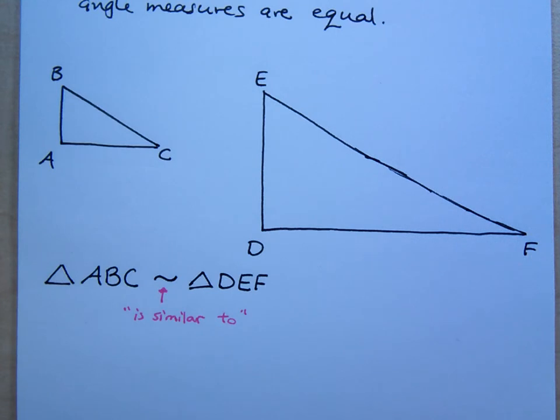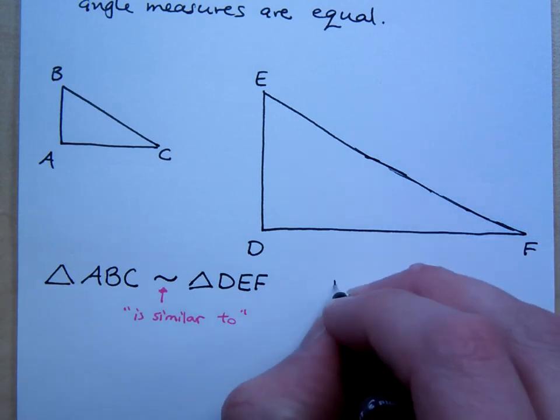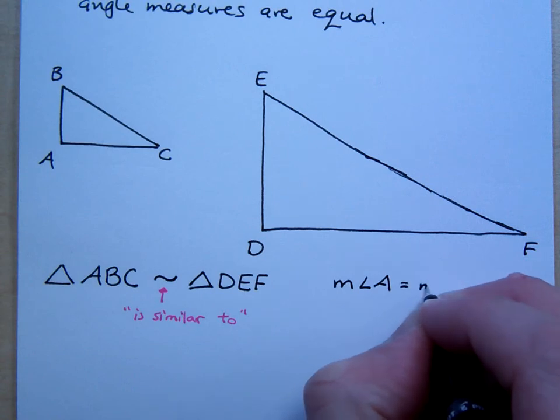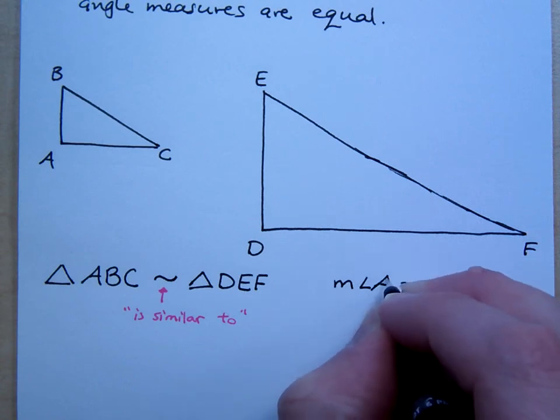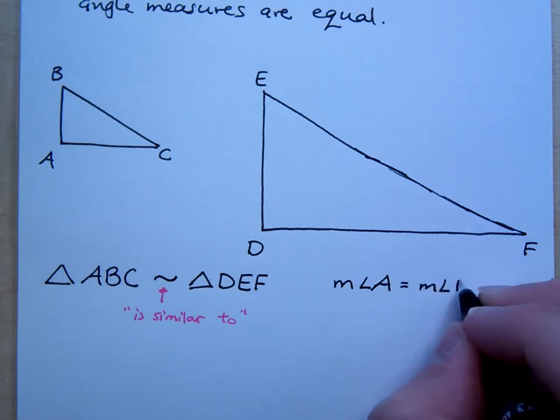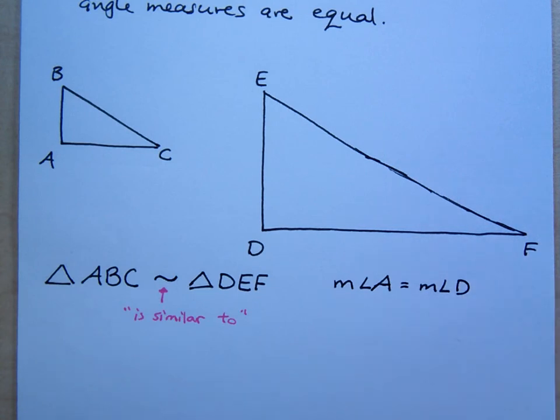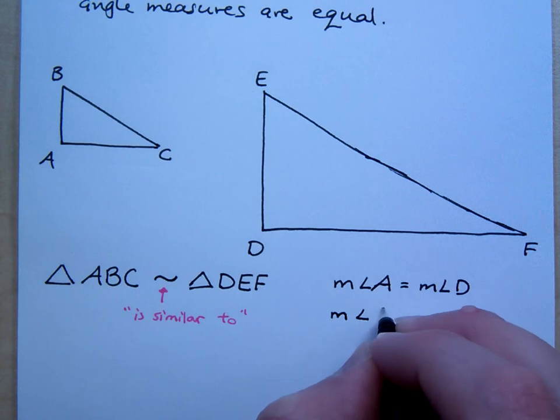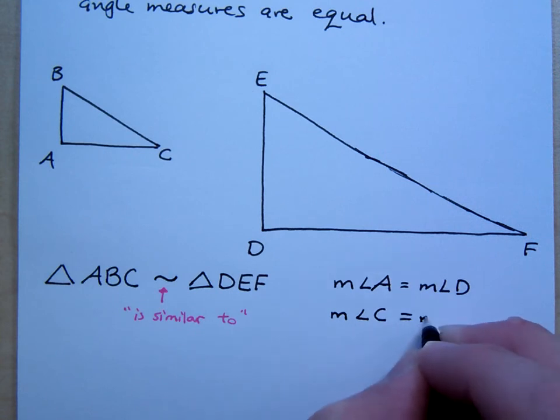Okay? Now here's what that means if these guys are really similar. According to what we just said above, angle measures are going to be equal. So that means the measure of angle A would equal the measure of angle what? The measure of angle D, because it has to be the corresponding angles, right? The measure of angle C is equal to the measure of angle what?